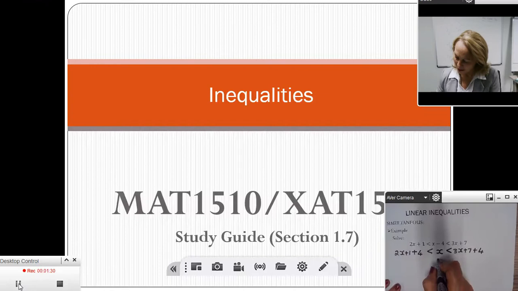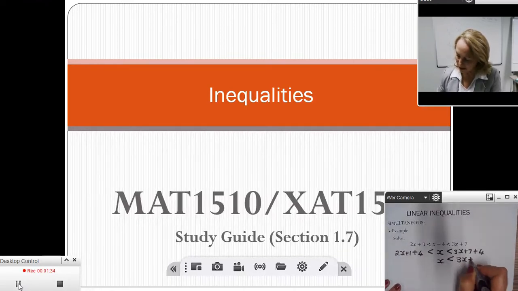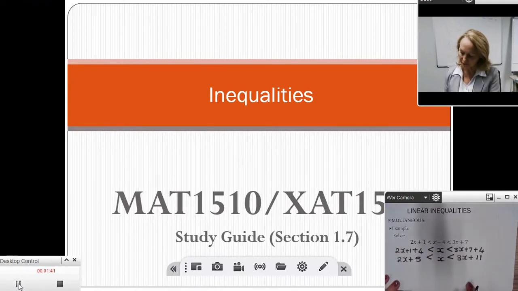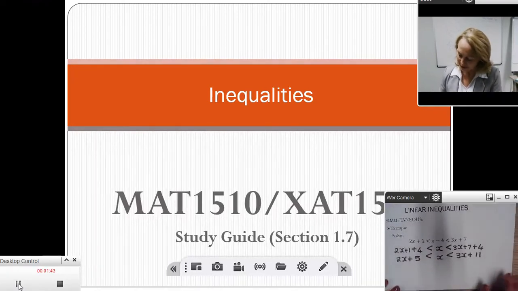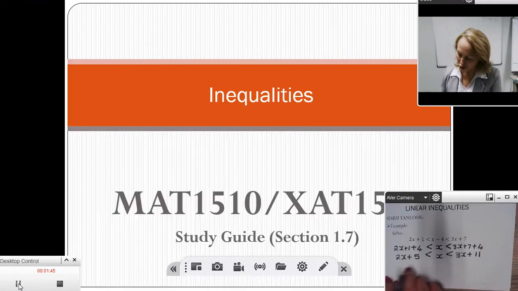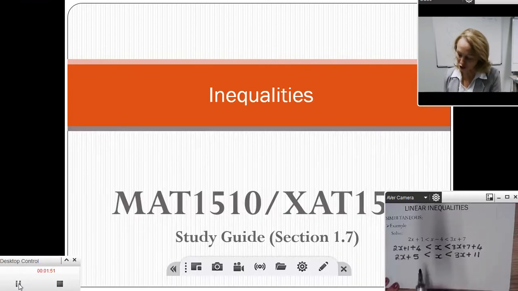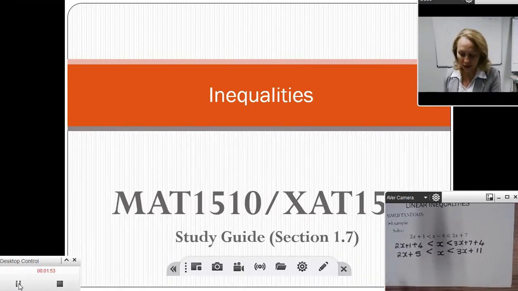Alright, so now we have x less than 3x plus 11, and on this side we have 2x plus 5. Now as you can see, you now have two inequalities to solve. This is why this is referred to as simultaneous, because you're going to solve the two inequalities simultaneously.